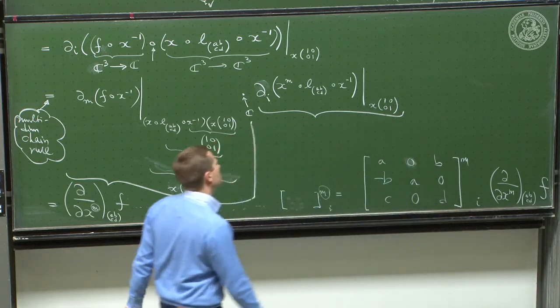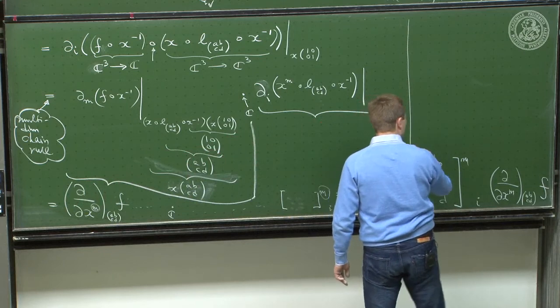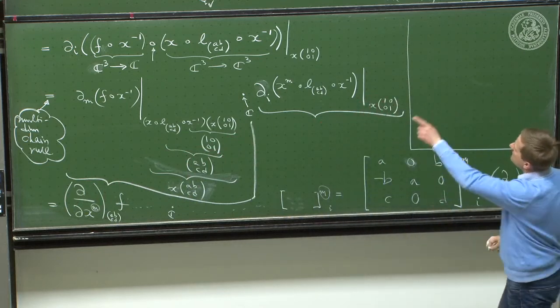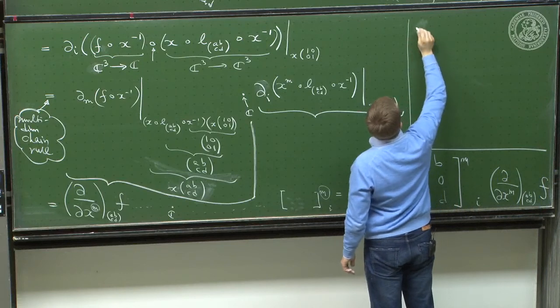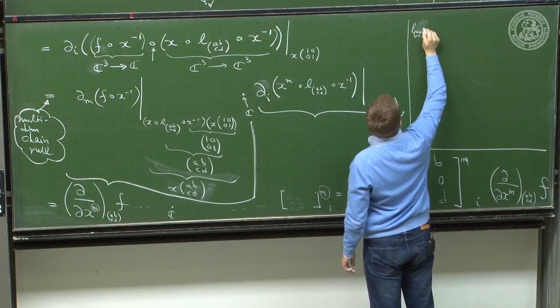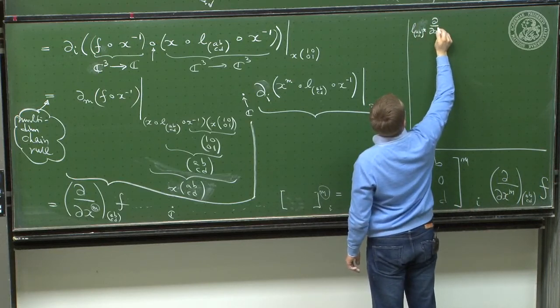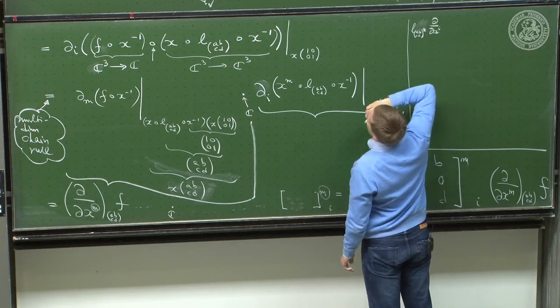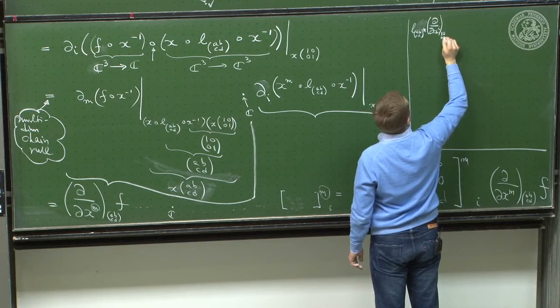There you go. So what did we find? Let me try to squeeze it here. We found that the push forward L sub A, B, C, D push forward on the ith coordinate induced vector at the identity.